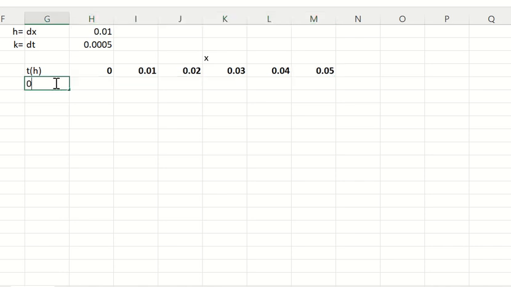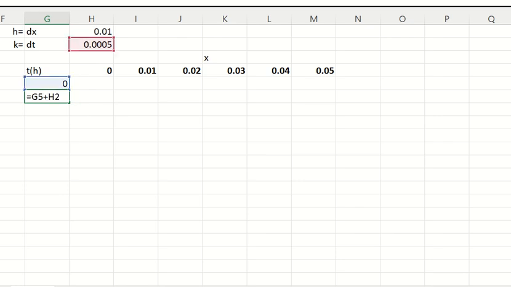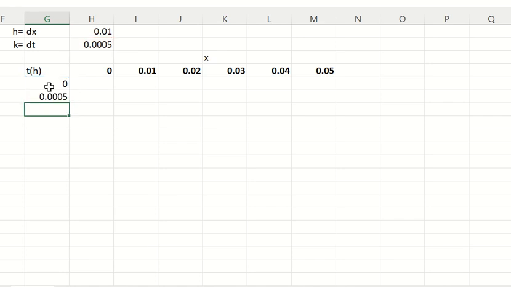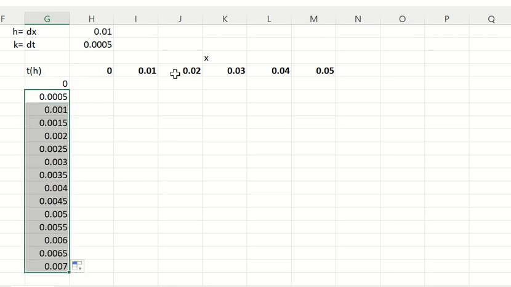Then t is 0, and it's changing by this step size. So it's equal to 0 plus whatever is happening here. Then we have to fix the step size in that direction, so we can extend anytime we want.